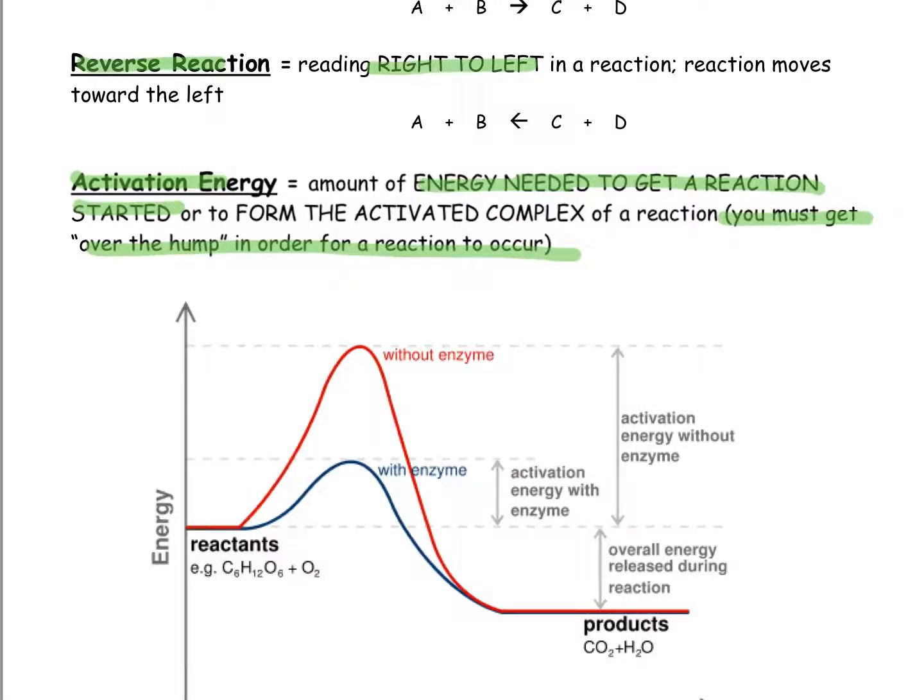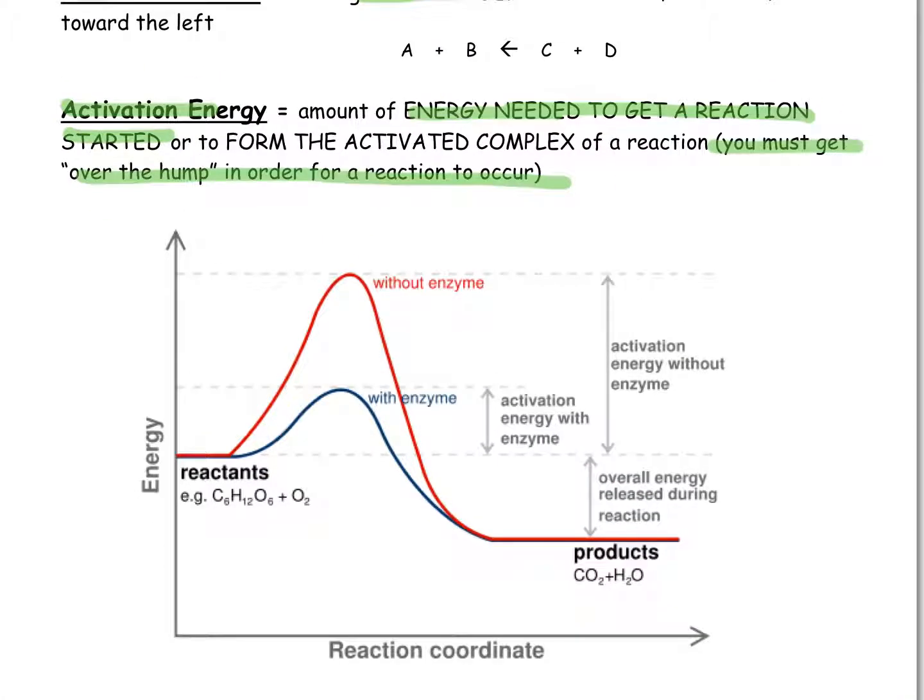If we look at a potential energy diagram, we have our reactants, our products, and our change in energy. As I go up, that's my activation energy, and then I go down to my products. My activation energy is the amount of energy that needed to be added starting from my reactants.